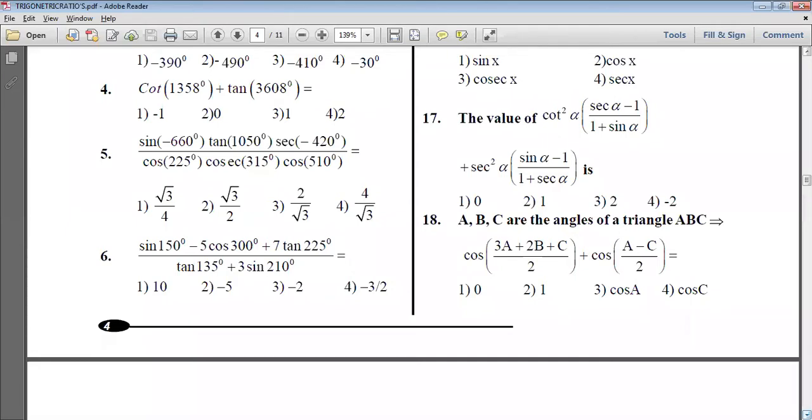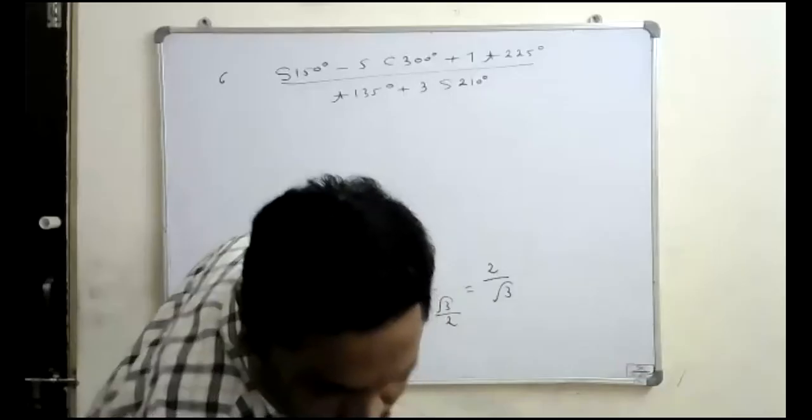Sixth problem: sine 150 degree minus 5 cos 300 degrees plus 7 tan 225 degree upon tan 135 degree plus 3 sine 210 degree. Then we have to evaluate this. Just observe this.